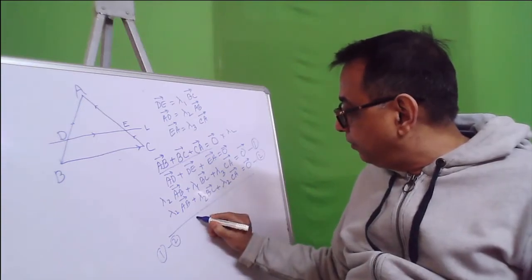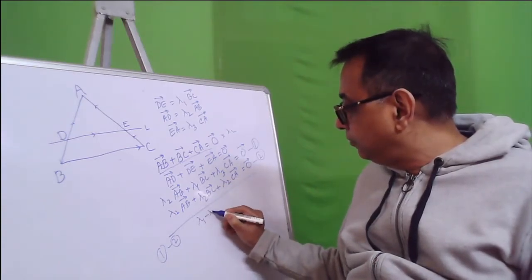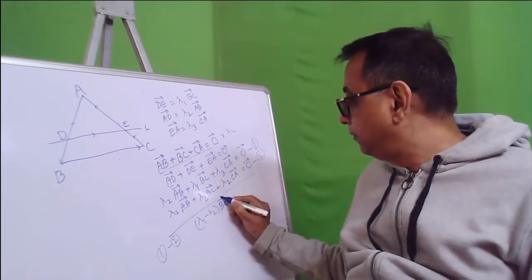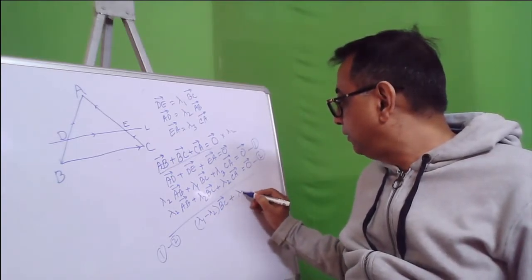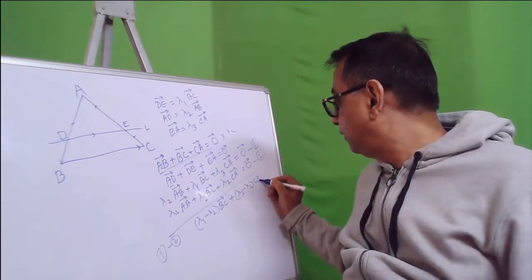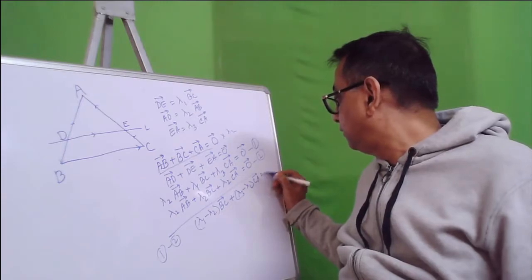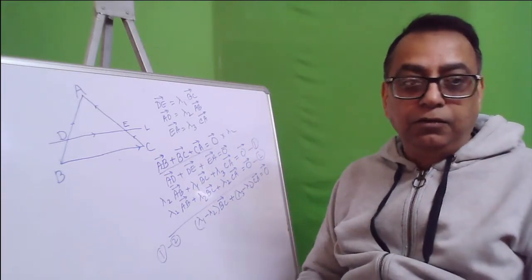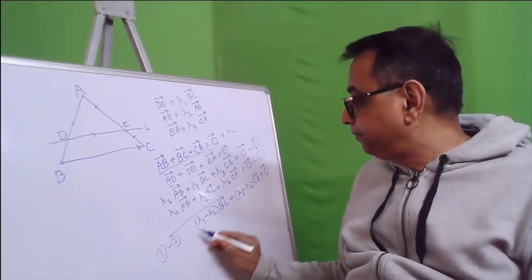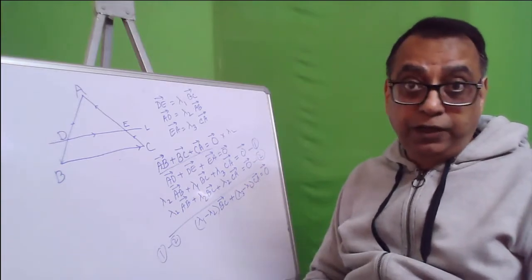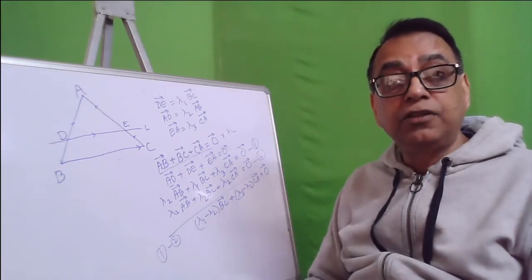And this will become lambda 1 minus lambda 2 into BC plus lambda 3 minus lambda 2 into CA equals 0. Now, the interesting thing is, the addition of two vectors will result in a zero vector when?